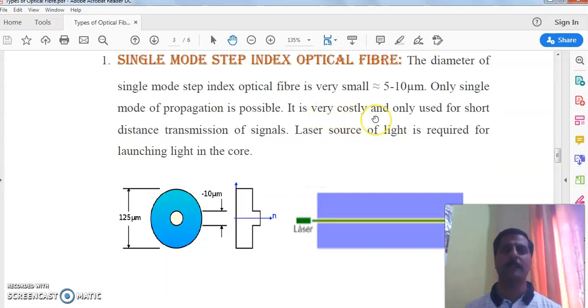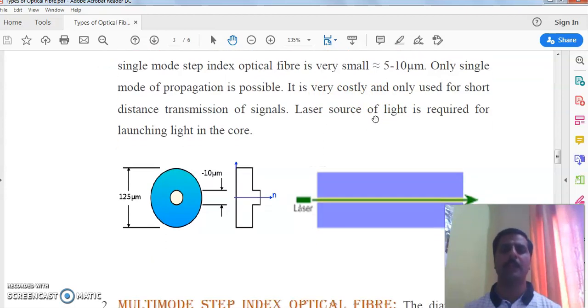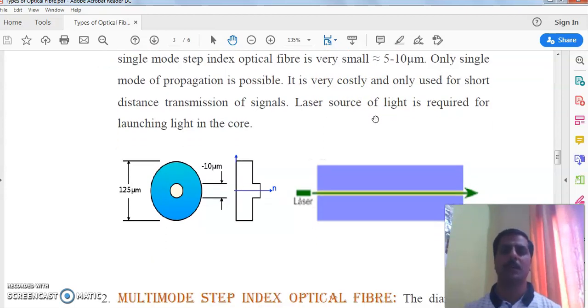It is very costly and only used for short distance transmission of signals, and it always requires laser light by which signals are launched at the core region, because the core is very small, and in that small region if we want to launch the signal and after launching they transmit to the other end, it always requires laser light, because laser is highly monochromatic in nature and gives you a fine beam.